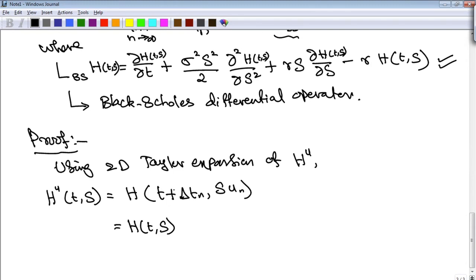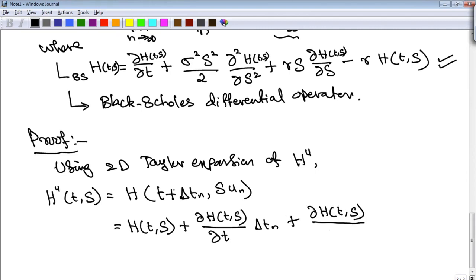You would have studied it in your real analysis course, or in a calculus course also. You can recall ∂h(t,s)/∂t Δt_n. This is the second term in the Taylor expansion as far as the t variable is concerned. Similarly, you have to write the first order term with respect to the s variable.